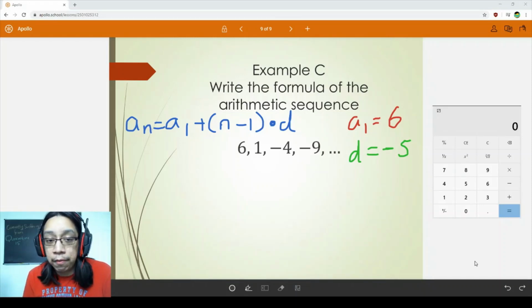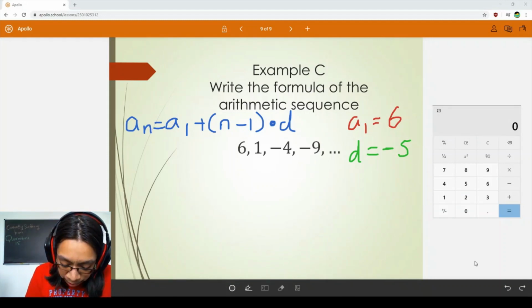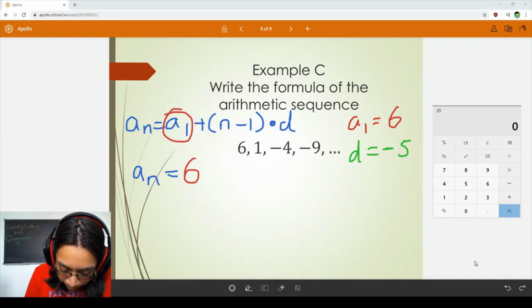Okay, let's go ahead and finish this off. So we have all the pieces we need. an equals, we know a1 this time is 6, plus n minus 1 times negative 5. That's what little d is on the side. We multiply and simplify.